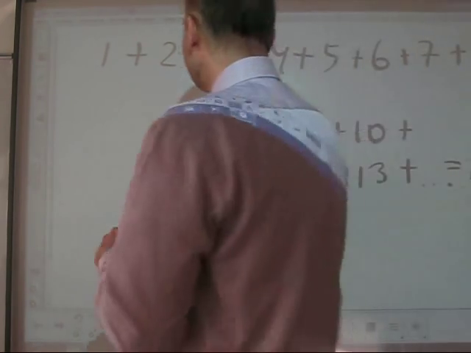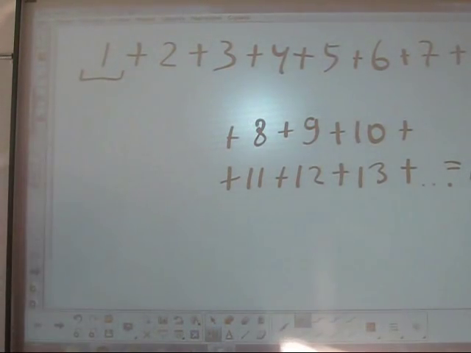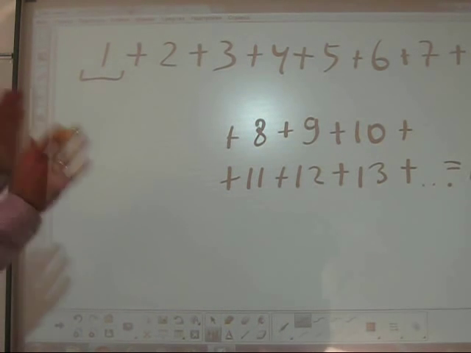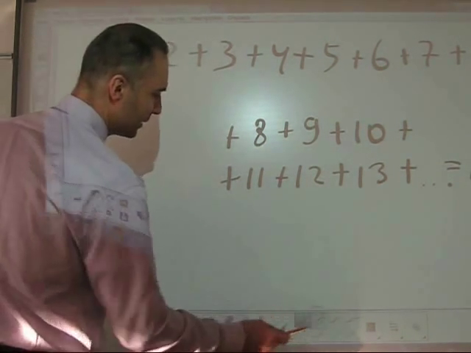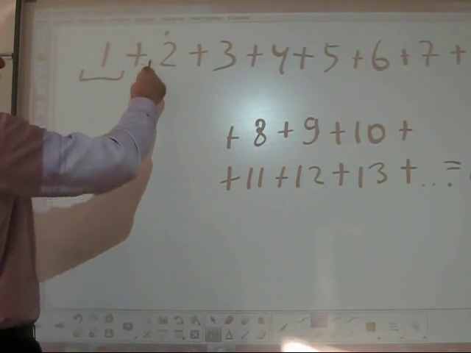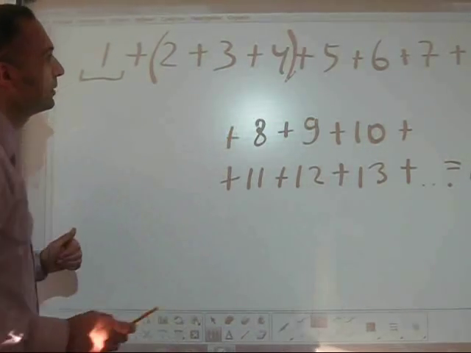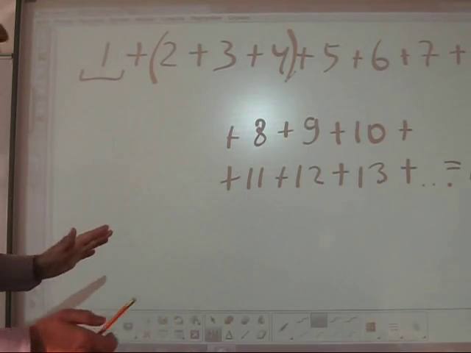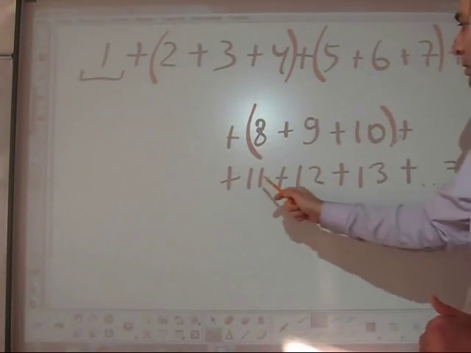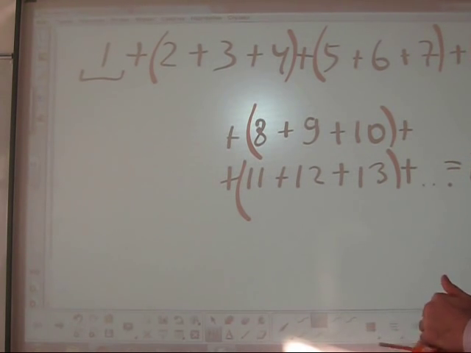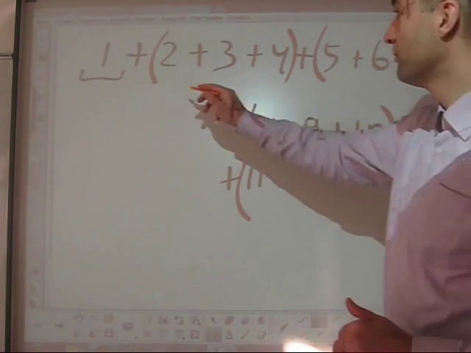And let's leave 1 alone here, let's not take it, and let's group all other numbers. Let me take red ink. So let's group them every 3 numbers. And let's look at what it will give us.